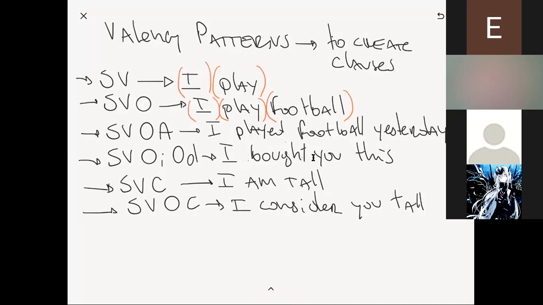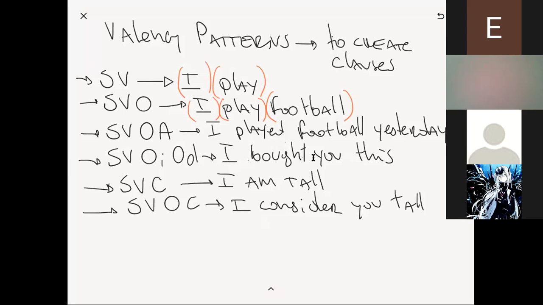The main verb head play requires the presence of another element after it, another entity, therefore an object, right? This object, football, then is the receiver of the action of that verb. And it is required in order to fulfill the meaning of that main verb.